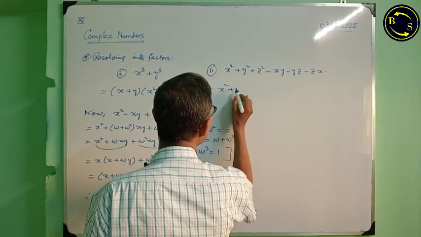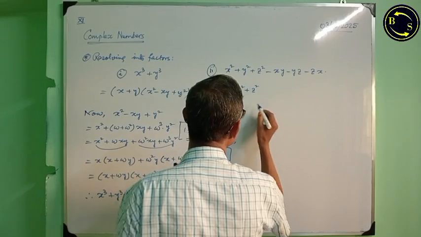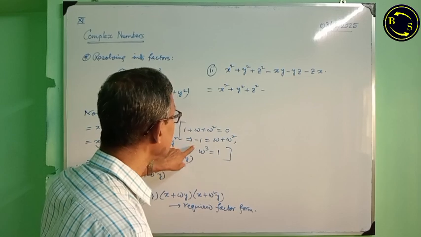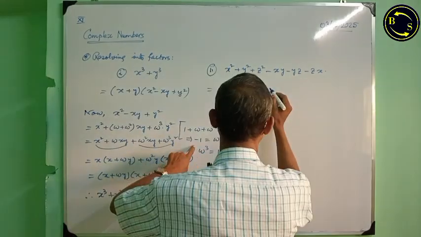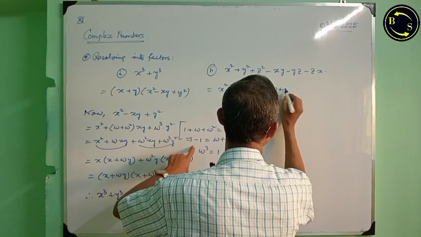x square plus y square plus z square minus, I shall use this one, plus.